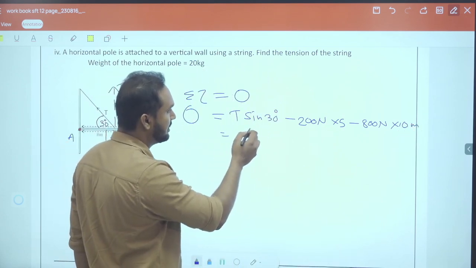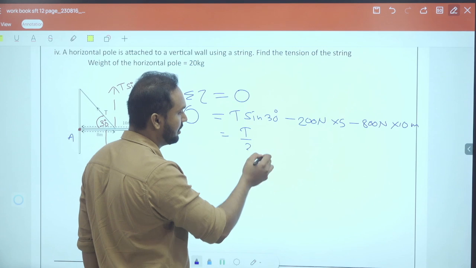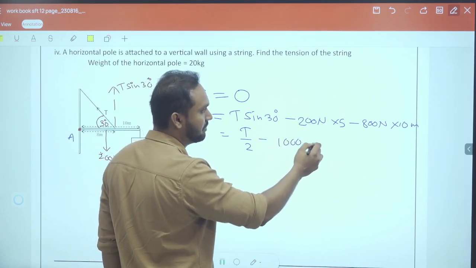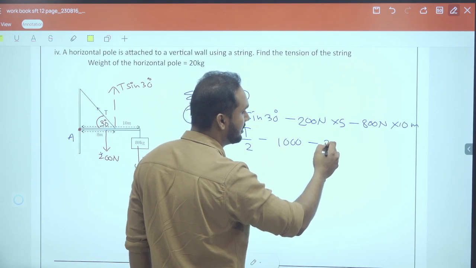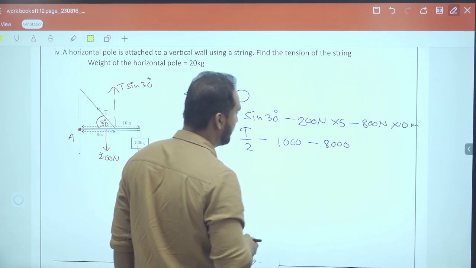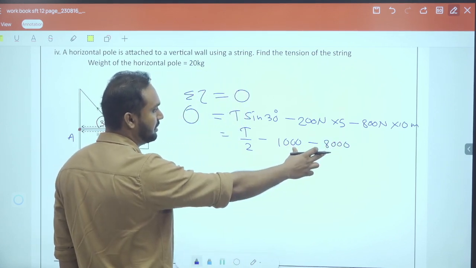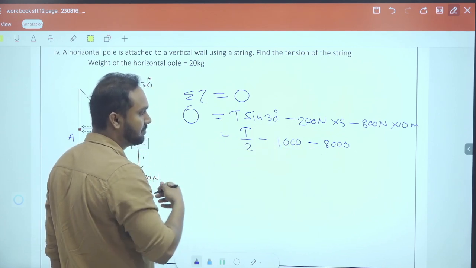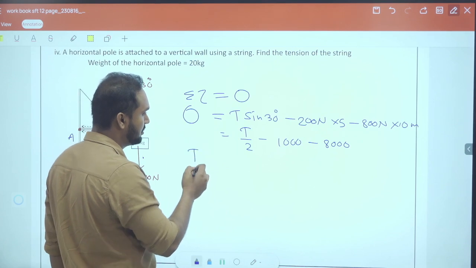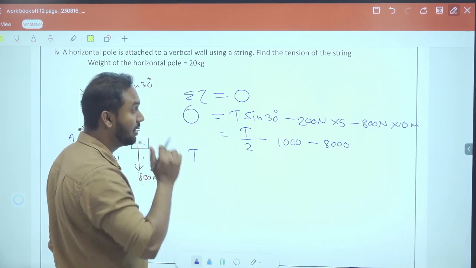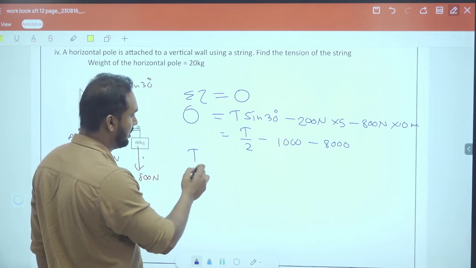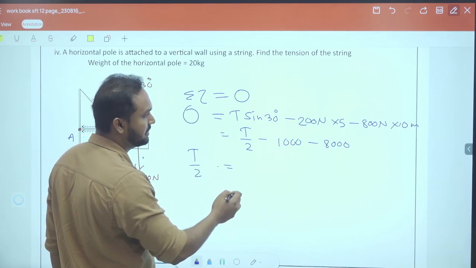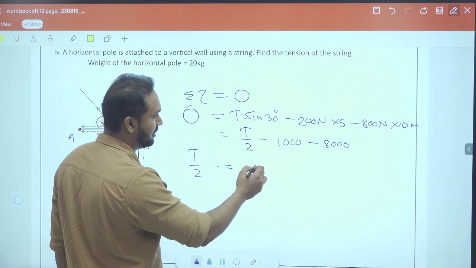T sine 30 is half, no? So T half, or T over 2. 200 into 5 is 1000, minus 800 into 10 is 8000. So the value here should be minus 9000. You take the minus 9000 here, it becomes plus 9000. So T half equals 9000, right?